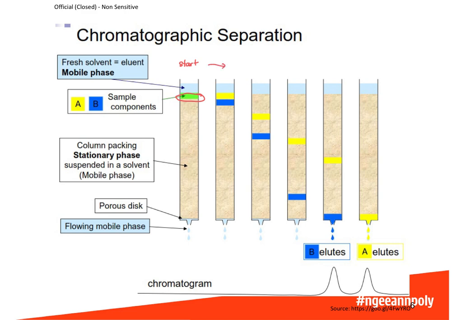So as time progresses, you can see the sample components A and B get separated, and the separation becomes clearer over time. At some point, one of the sample components will elute from the column, which means come out of the column, and it can be collected or detected. Then after another certain amount of time, the next component of the sample also elutes from the column.